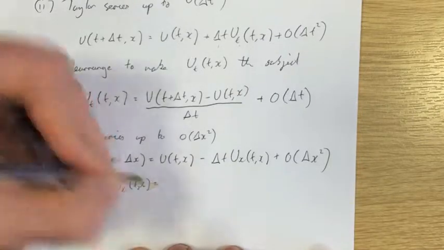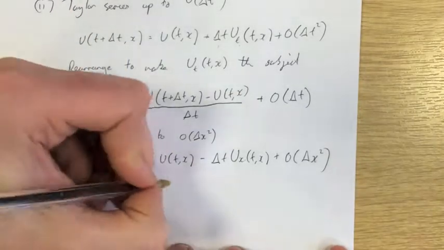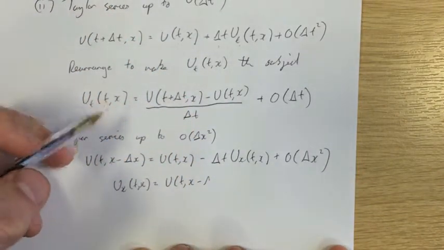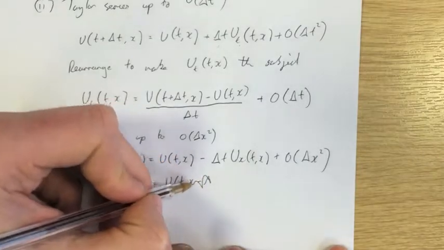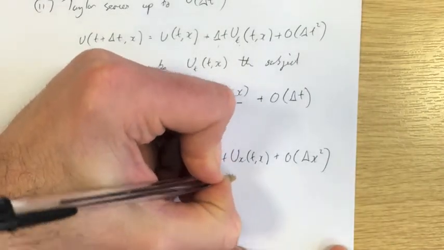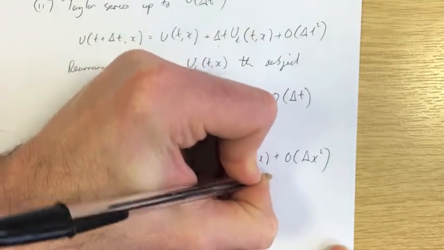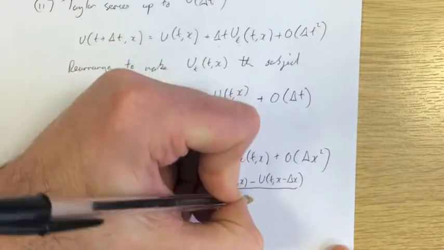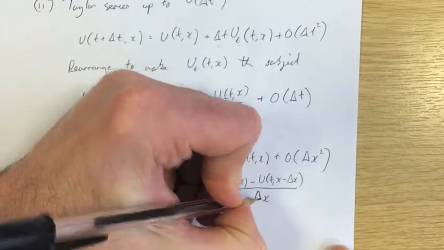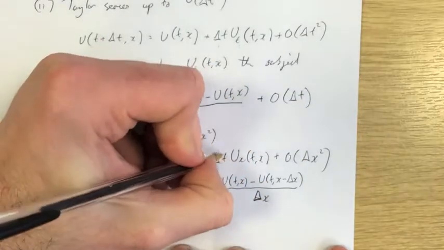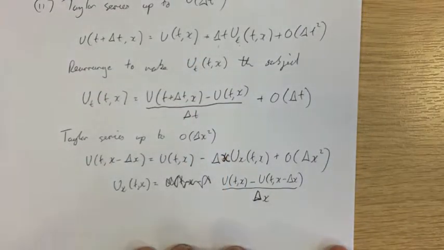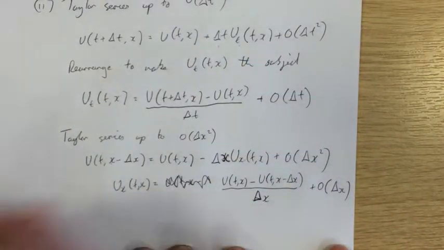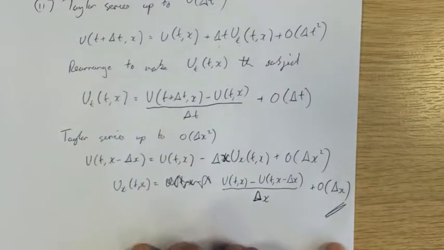So ux equals this term minus that term. Just made a little mistake there. And that's all divided by the coefficient, which is delta x. That should be an x there. And similar to the earlier one, it's a first order approximation.